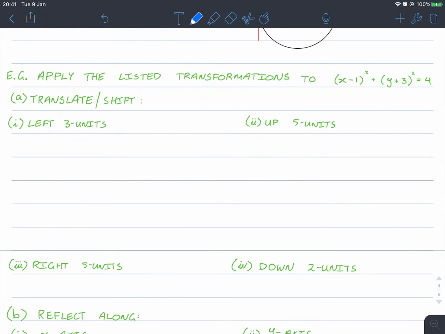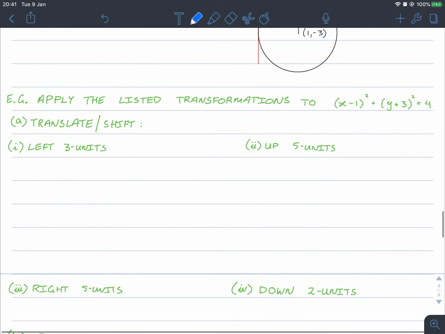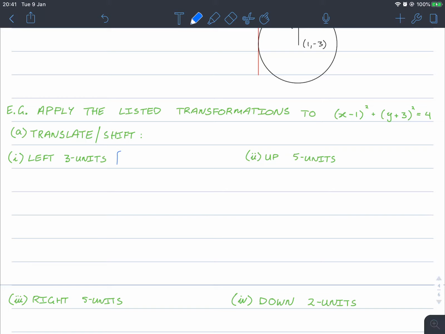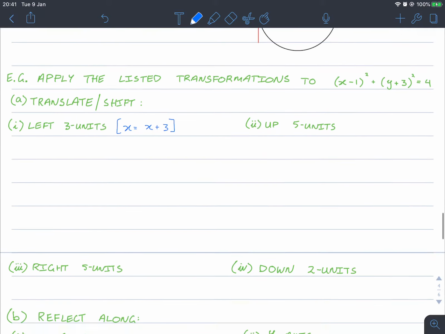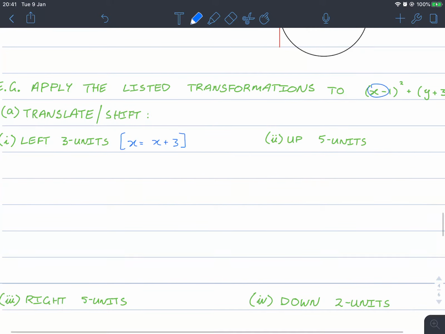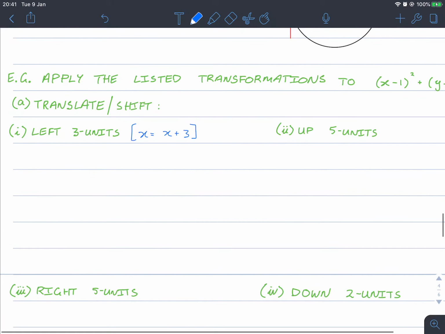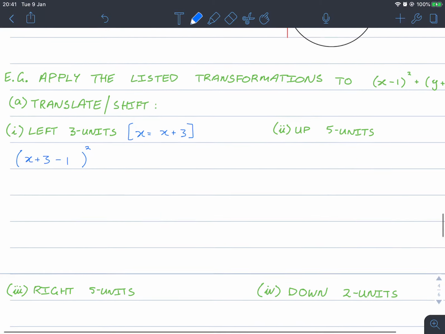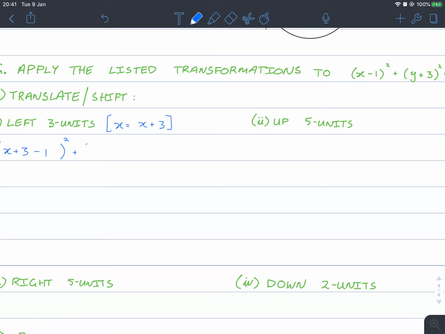Here we go. If we want to translate this 3 units to the left, we let x become x plus 3. Wherever there's an x in the expression, here we have the first bracket, x minus 1, inside there I'm going to let this become x plus 3, all squared, and the rest will stay the same.